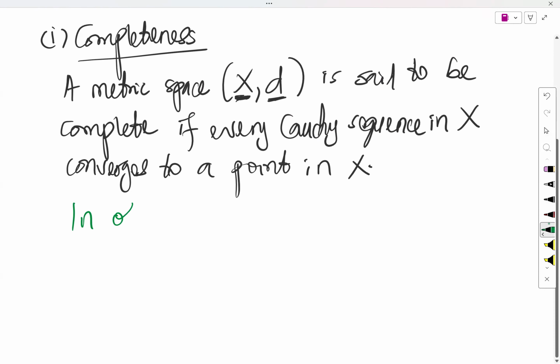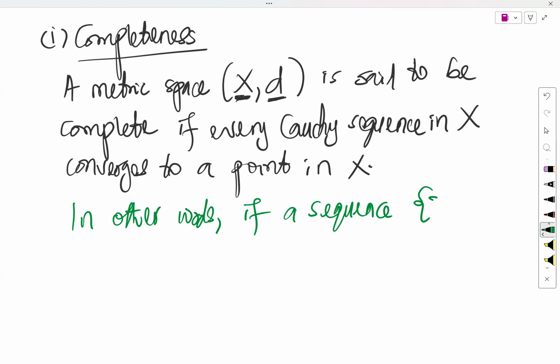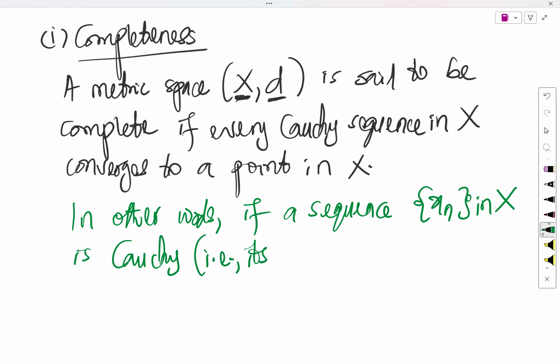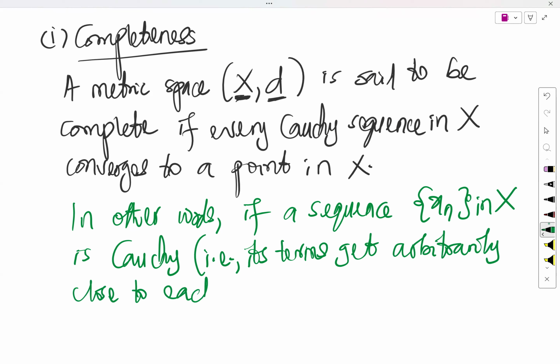In other words, a sequence x_n in X is Cauchy means this: its terms get arbitrarily close to each other as the sequence progresses.